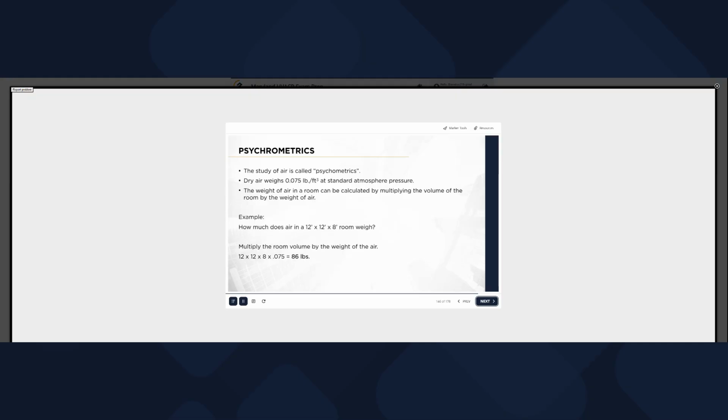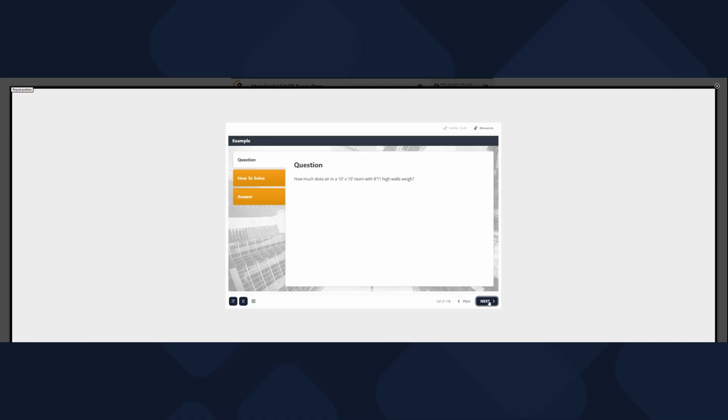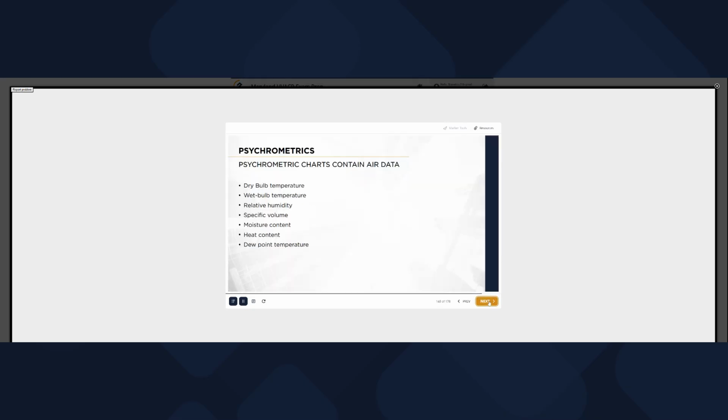Calculate the volume of the room and multiply the volume by the weight of dry air. 12 times 12 times 8 times 0.075 equals 86 pounds. Let's work through another example. Click the next button or on each tab to see psychrometric charts contain air data: dry bulb temperature, wet bulb temperature, relative humidity, specific volume, moisture content, heat content, dew point temperature.